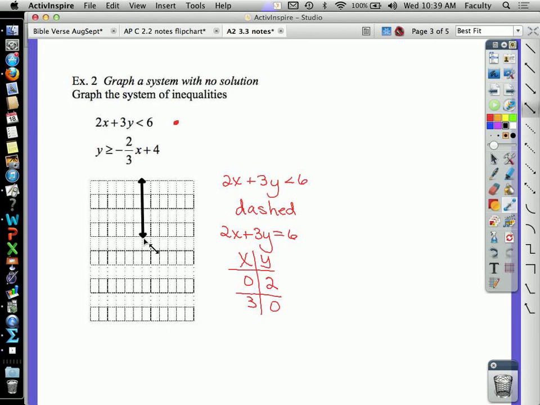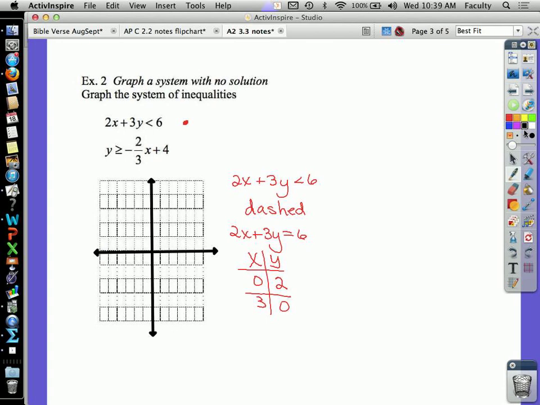So let me make my grid. Remember to make a scale. So I'm going to plot (0, 2) and (3, 0).